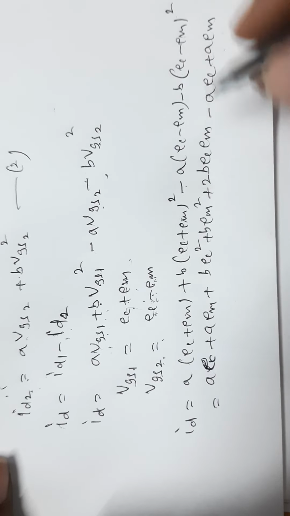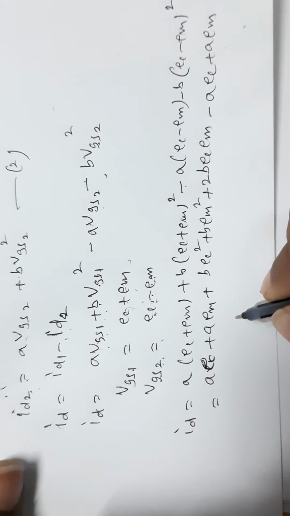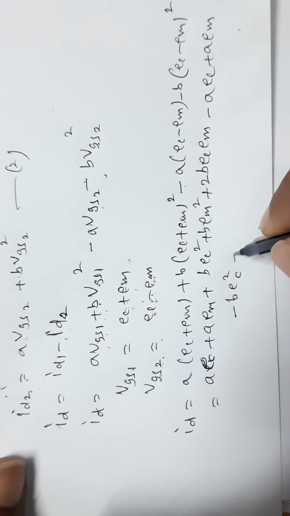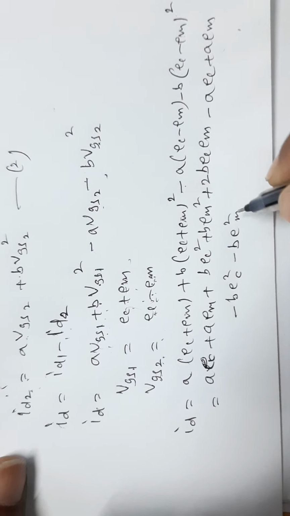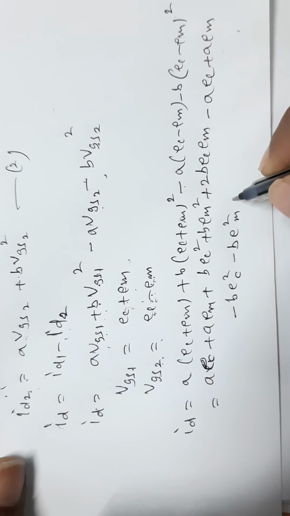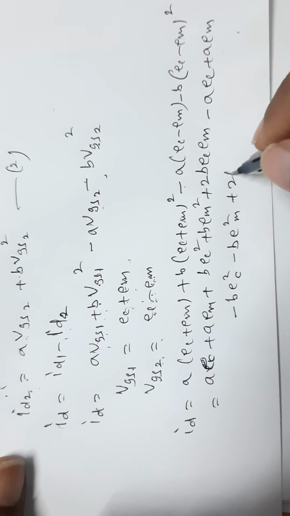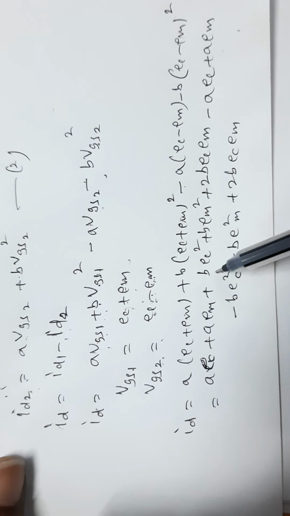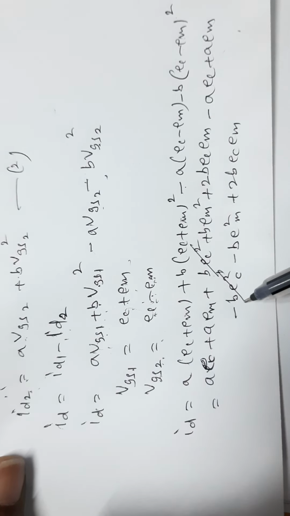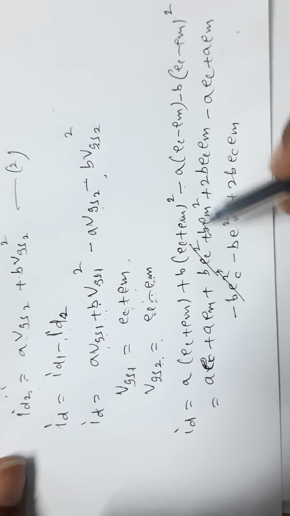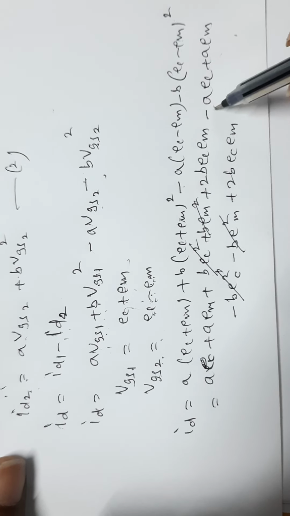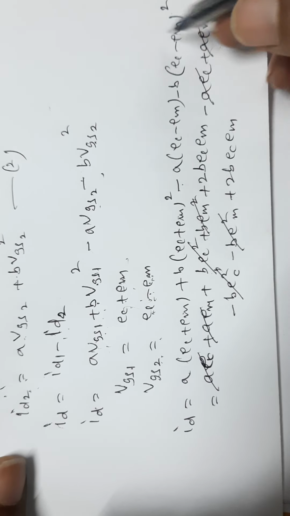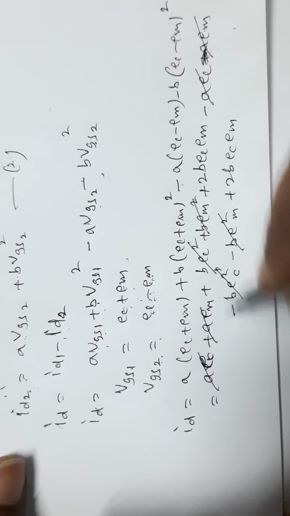Multiply this by minus B, you get minus B EC squared minus B EM squared plus 2B EC EM. Here B EC squared cancels, B EM squared cancels, A EC cancels, and A EM cancels.